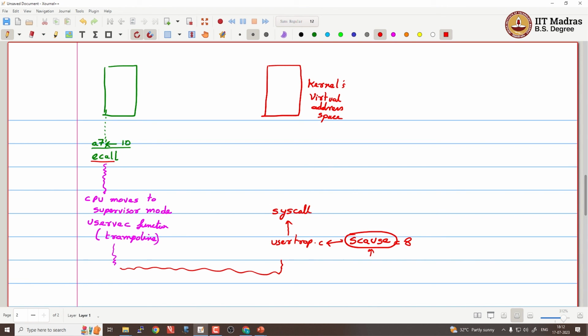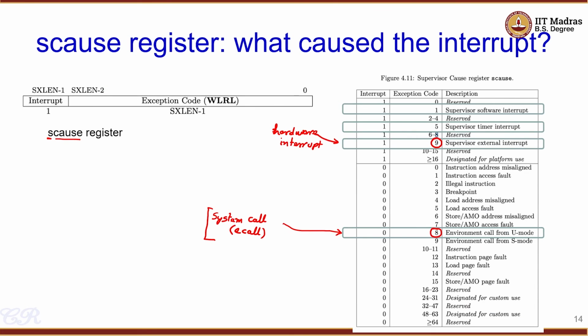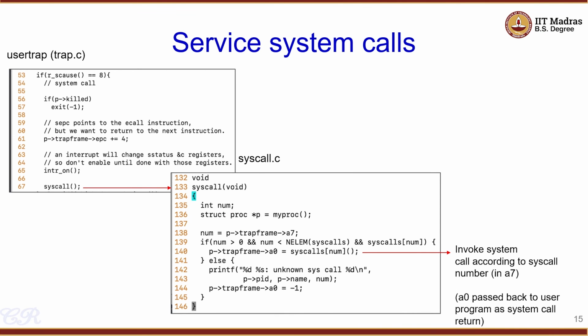The syscall function now reads the value of A7, identifies that this is the system call number 10, and therefore identifies what the system call is and then services it appropriately. The code for this can be seen over here in usertrap present in trap.c.